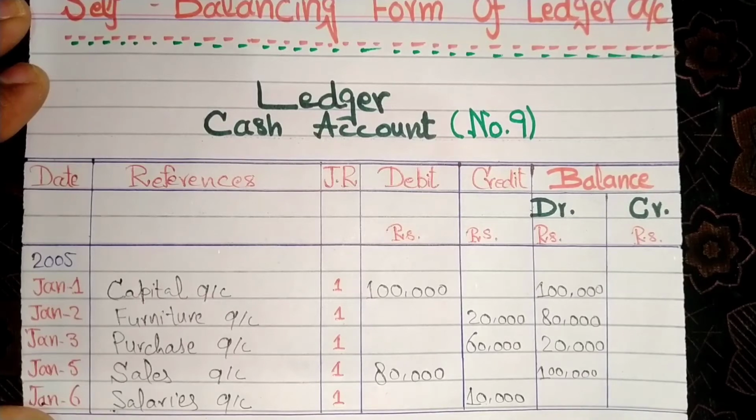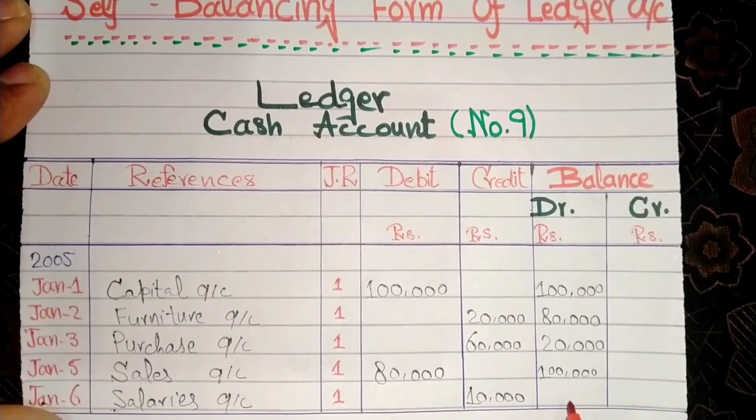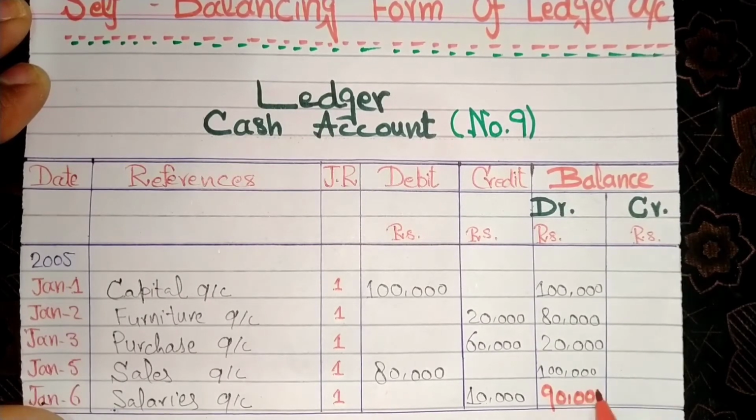Ultimately we will minus the 10,000 rupees credit balance from the total debit balance, and ultimately we will find 90,000 rupees as a debit balance.